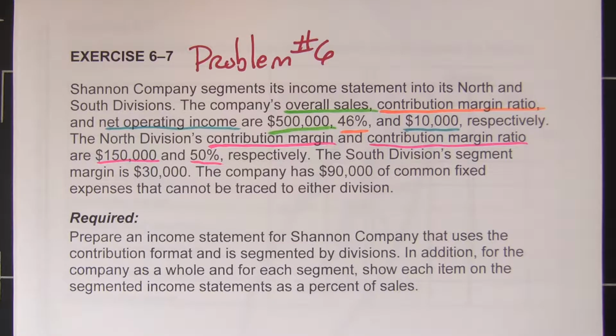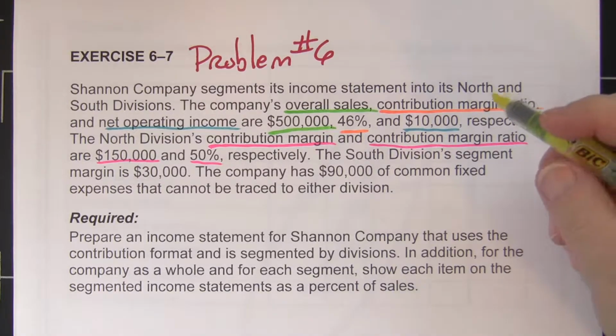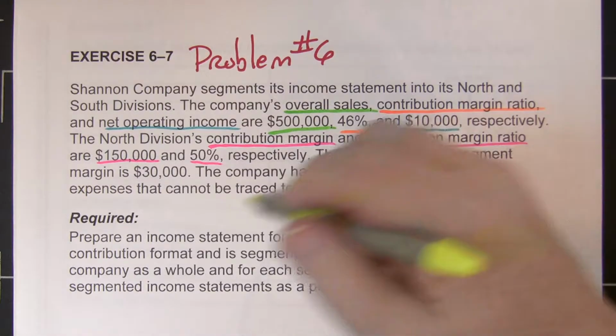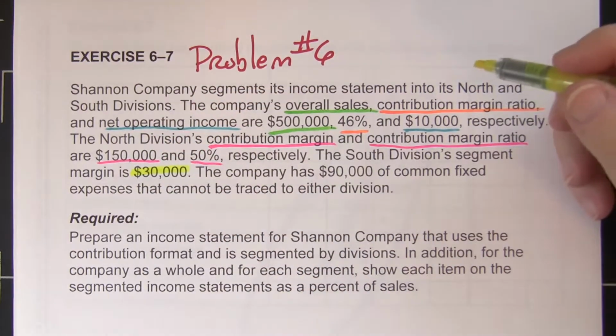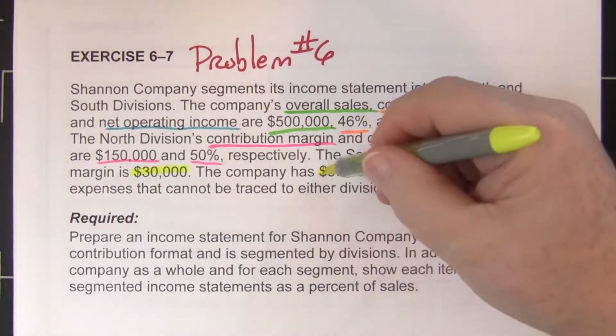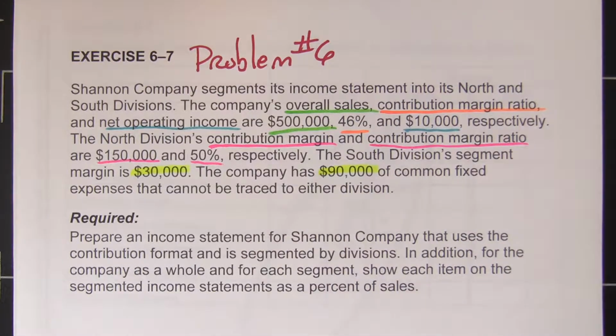The South Division's segment margin is $30,000, and the company has $90,000 of common fixed cost that they refuse to trace to either division because it doesn't make sense. This is a problem that if you use my templates, it'll make your life a whole lot easier.